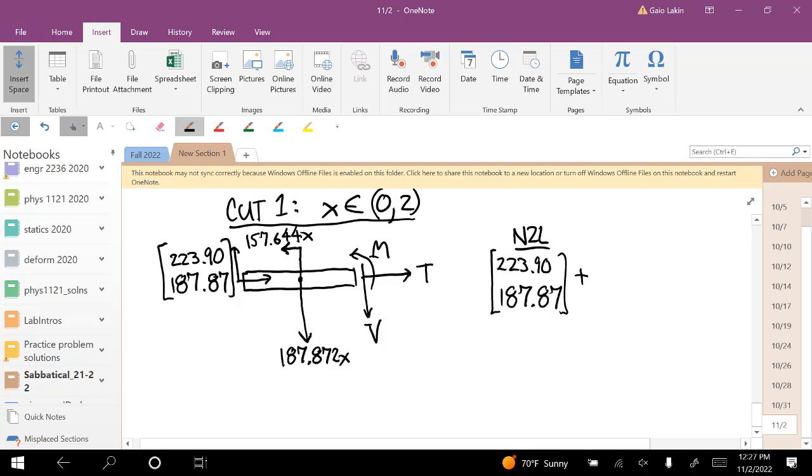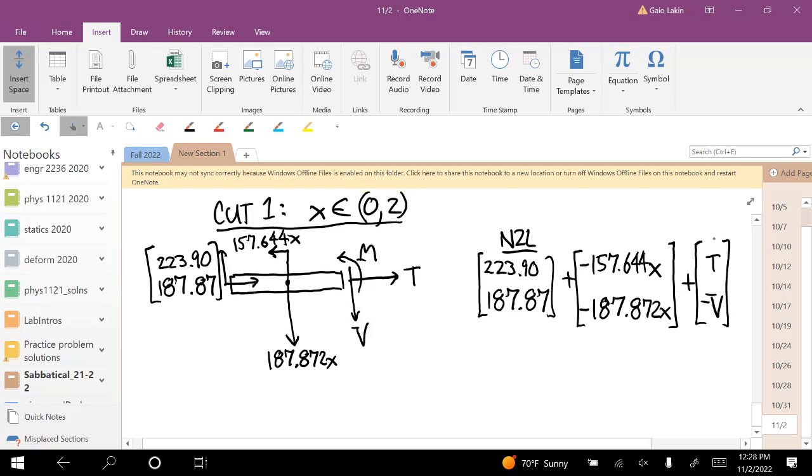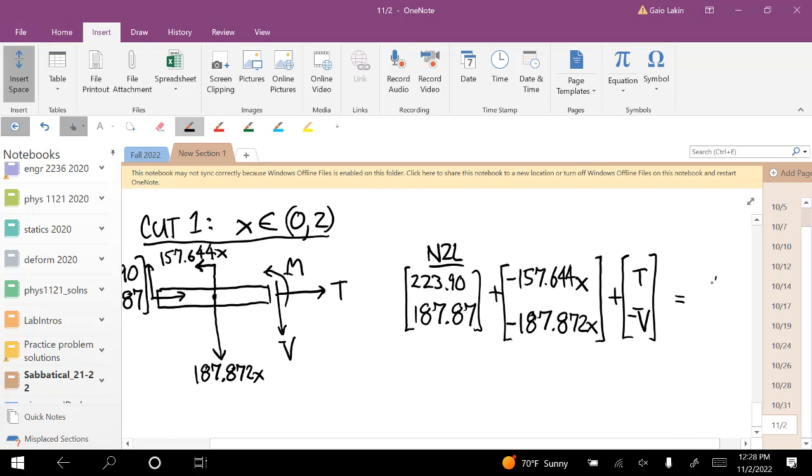So we have a negative x component of 157.644x and a negative y component of 187.872x. And then plus t negative v is equal to zeros.